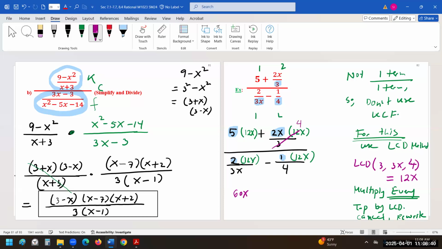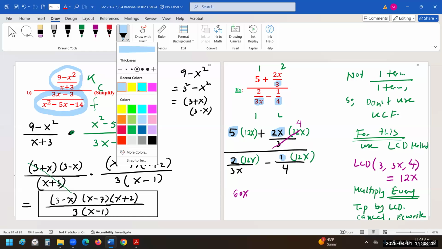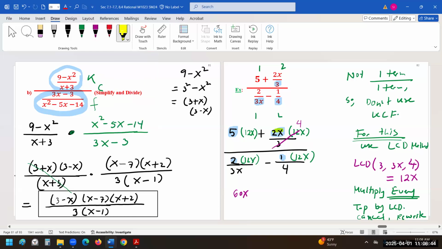So we have 4 on the top. And let's see what remains after that. We had 2x from before. Now we have a new 4. So when you combine all of them, what do you get? 4 times 2 is 8. 8x squared.